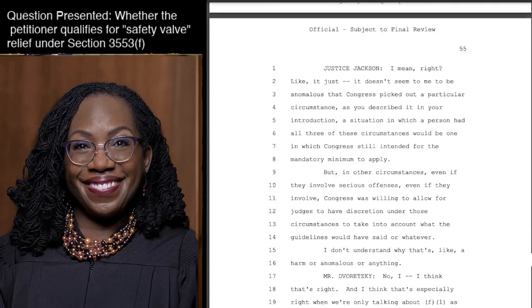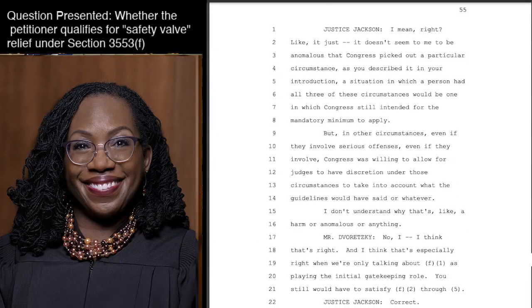Yes, that's right. Like it doesn't seem to me to be anomalous that Congress picked out a particular circumstance, as you described it in your introduction. A situation in which a person had all 3 of these circumstances would be one in which Congress still intended for the mandatory minimum to apply. But in other circumstances, even if they involve serious offenses, Congress was willing to allow for judges to have discretion under those circumstances to take into account what the guidelines would have said.